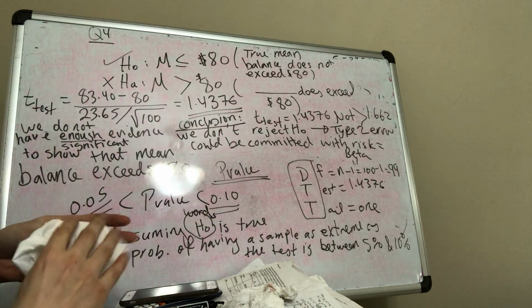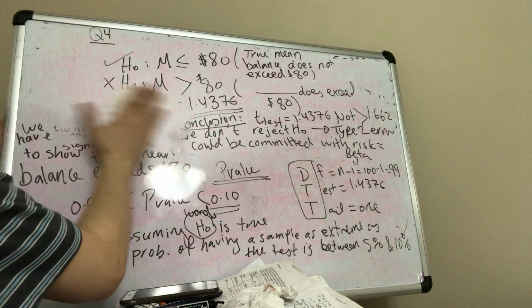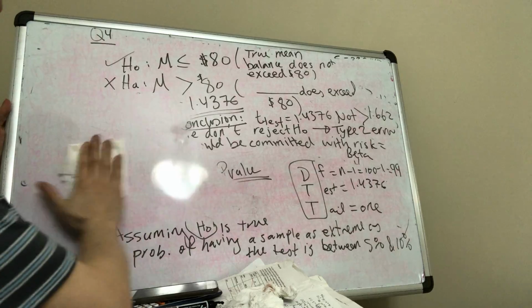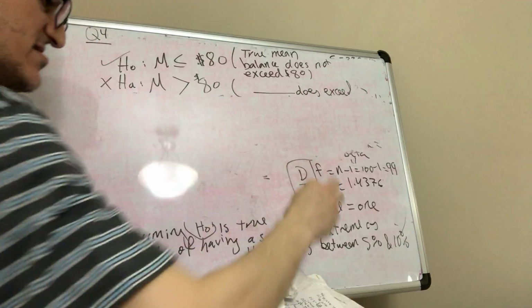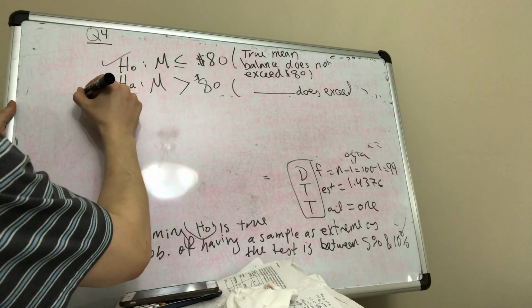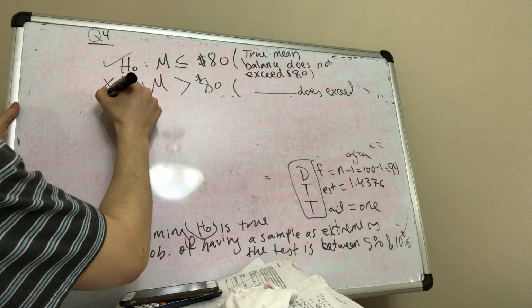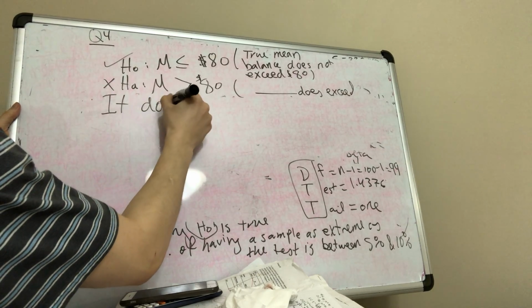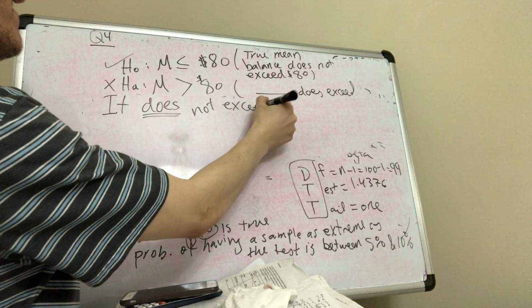So we know that it doesn't exceed 80. From doing the hypothesis test, we know that the balance does not exceed $80.